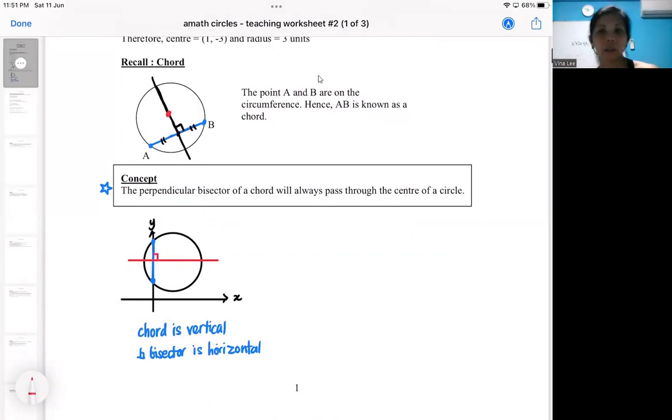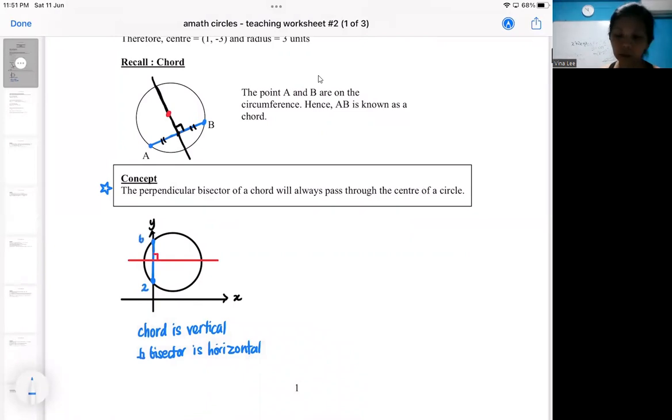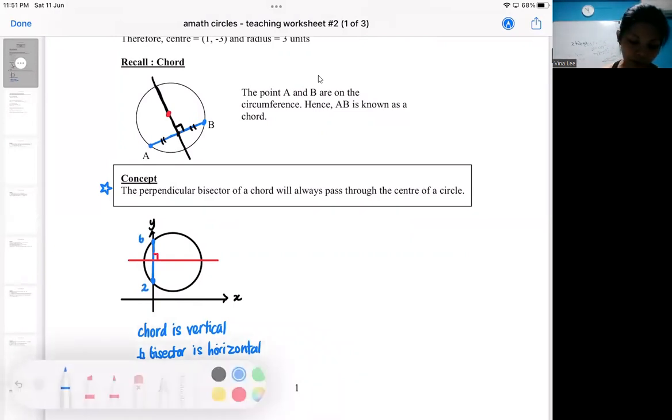And you could have easily gotten the equation. So for example, in this situation, if I know that the y-intercepts are 2 and 6, then I can find the midpoint here. So the value will be (6 plus 2) divided by 2.